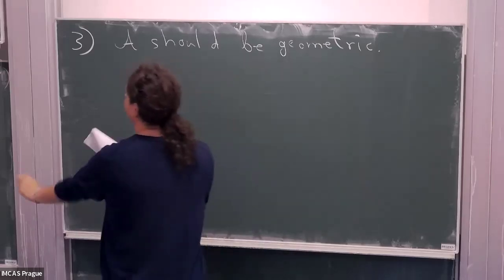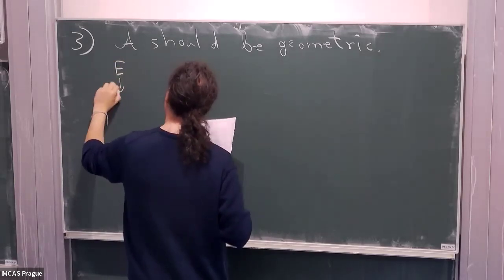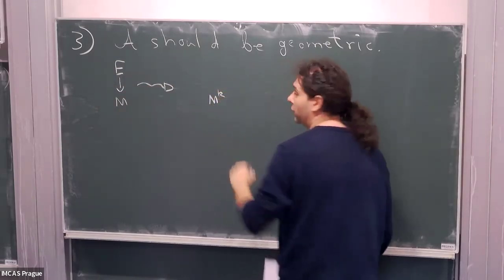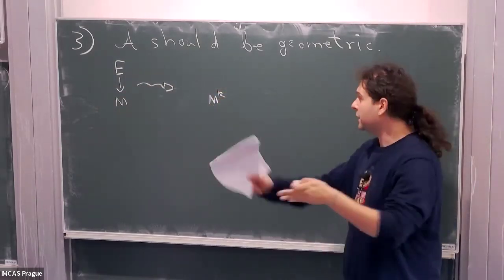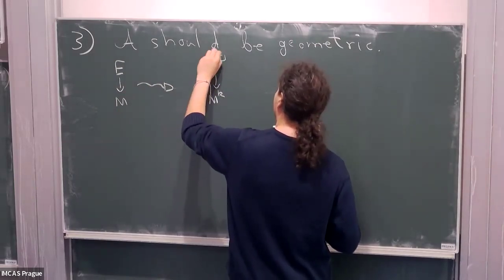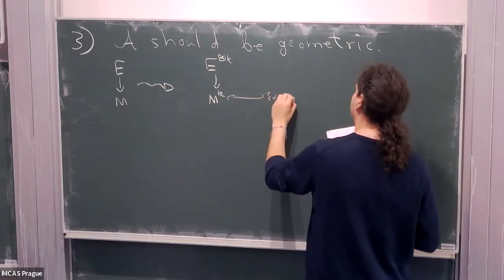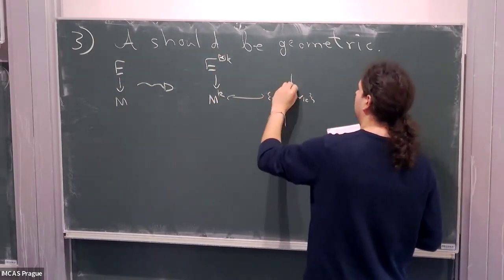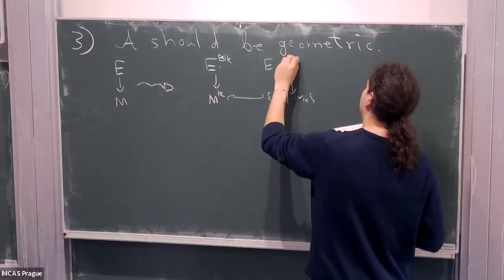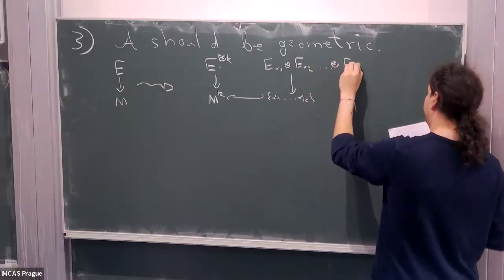So if we just say that, starting from E over M, we can build over M to the power of k the kth external tensor product of E. The fiber over a point x1 to xk of this new vector bundle is E_x1 tensor E_x2, and so on, until E_xk.